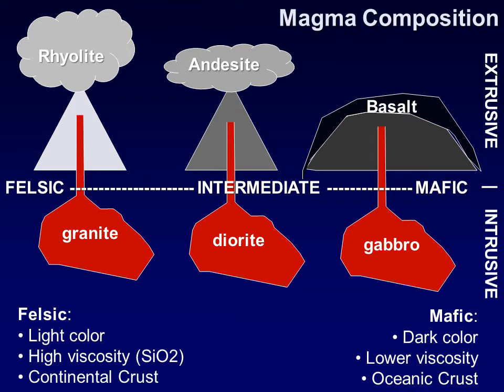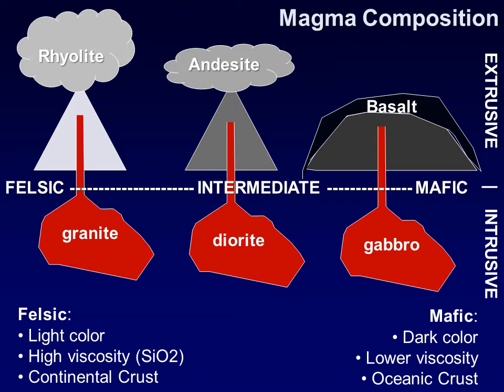It will form the rock called gabbro. If instead of cooling it erupts out of a volcano, that will solidify to be basalt. Okay, so the entire ocean floor is made of basalt. All of Hawaii is made of basalt. Anytime you're just dealing with oceanic crust, we're talking about basalt. Okay, that is the rock name. It's the most common rock on the planet.